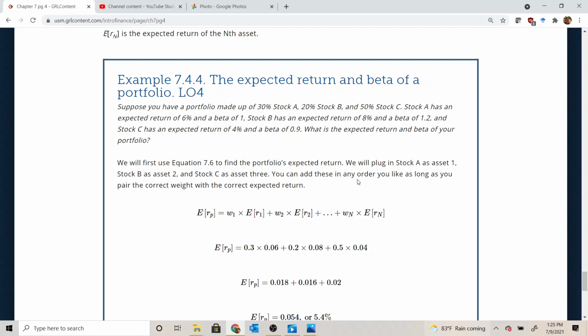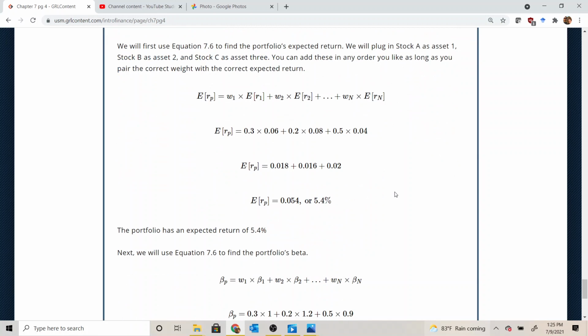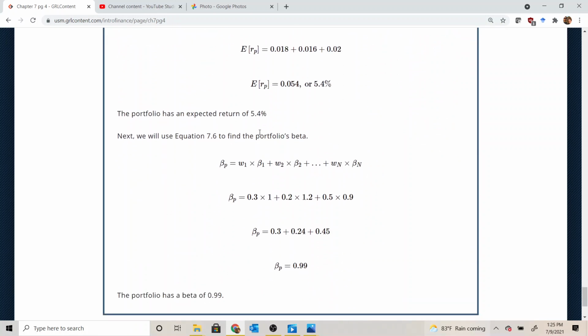But when we instead measure risk with beta, which is the individual asset's exposure to the risk of a well-diversified portfolio, something really cool happens. The risk of the portfolio, which now we're measuring by beta, becomes just a weighted average of the individual betas. There's no weird diversification thing happening here because we've already accounted for it by measuring risk with beta.